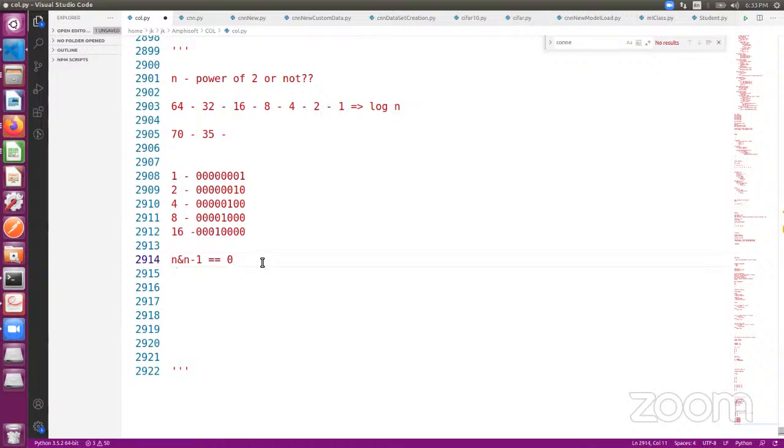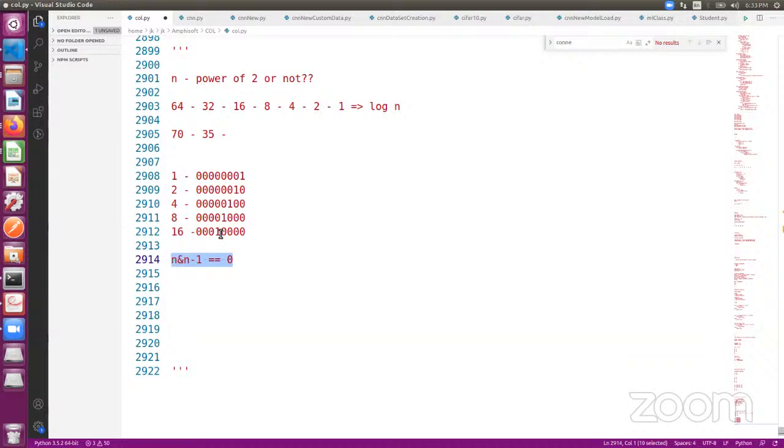Okay, this is for power of 2. Now we have to check for other numbers also. If any number other than a power of 2 produces this, we cannot use this as the logic for finding whether it's a power of 2 or not, right? So let us check a few other numbers.